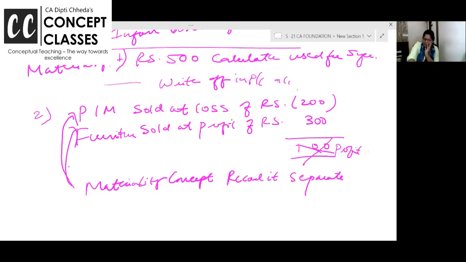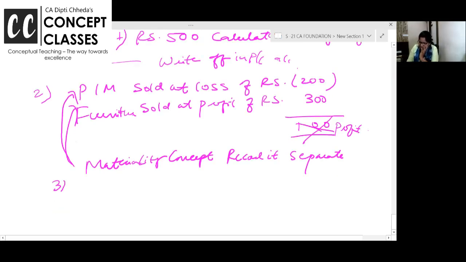Any third example or any other thoughts in your mind, you can discuss. I gave you one more example, no? That Xerox expense. 30 rupees business. In the same bill 20 rupees personal.